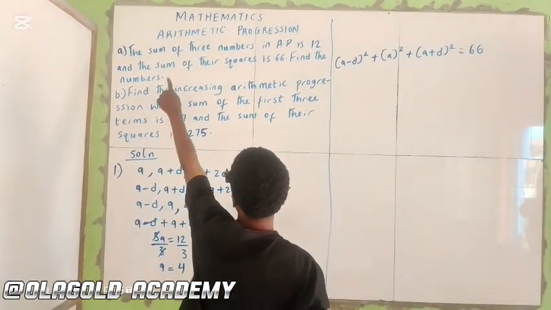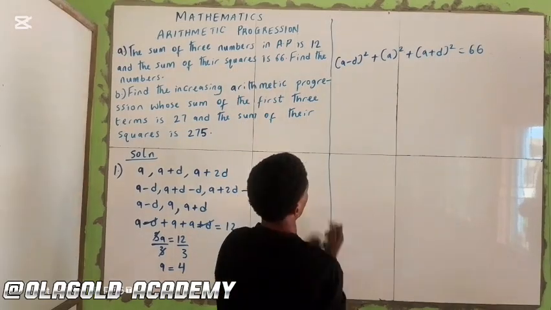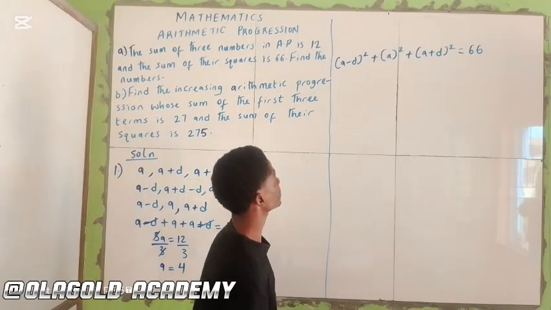We are told that the sum of their squares is 66.